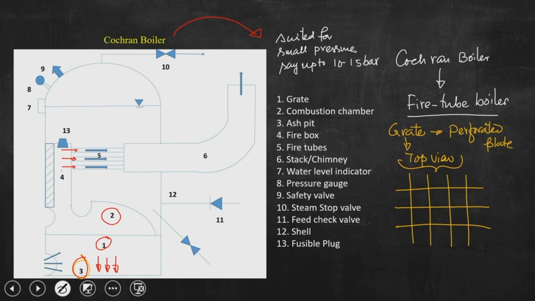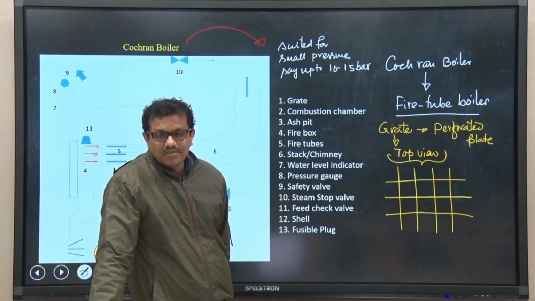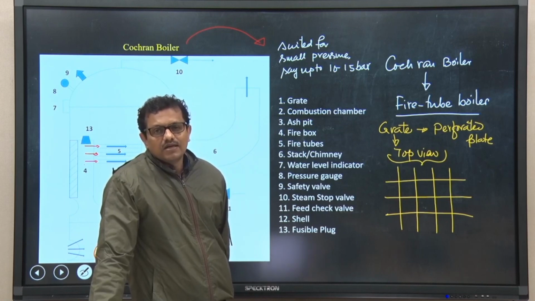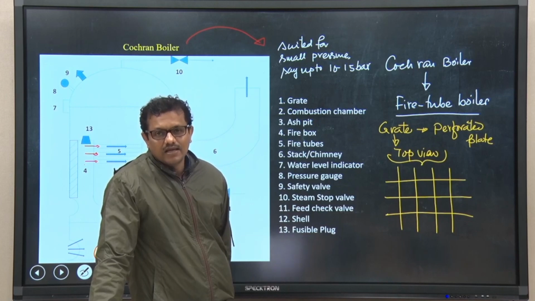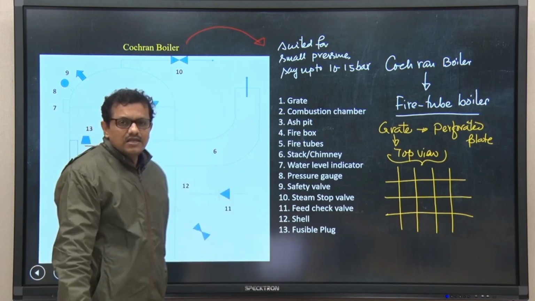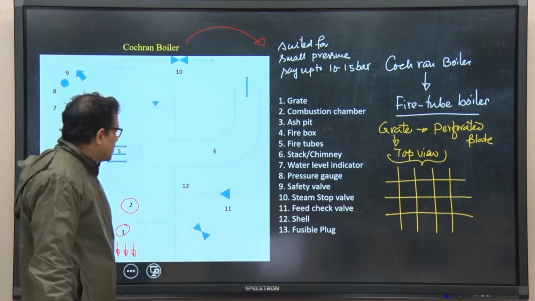Why? Because I have already explained, since steam is produced in the shell and the shell should be able to withstand that high pressure of steam, what will be the consequence? The diameter as well as the thickness of the shell will be very high. So these are the two different disadvantages of this particular type of boiler.